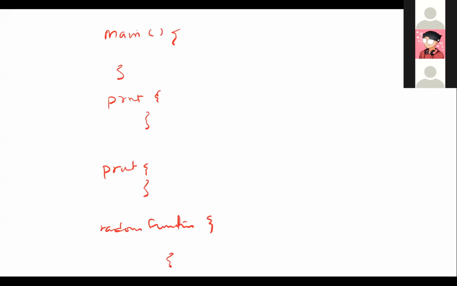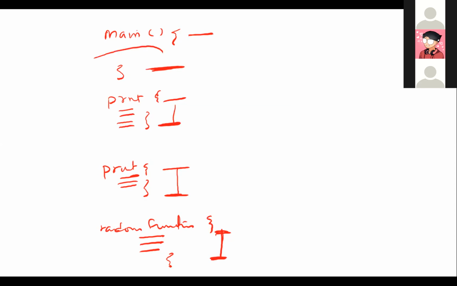Any variable defined in one function can only be used within that part, and anything defined in main can only be used in main unless you pass it to print as a parameter. That's the only time it can be used. Does that make sense? I'm going to go back to my code and show it to you.